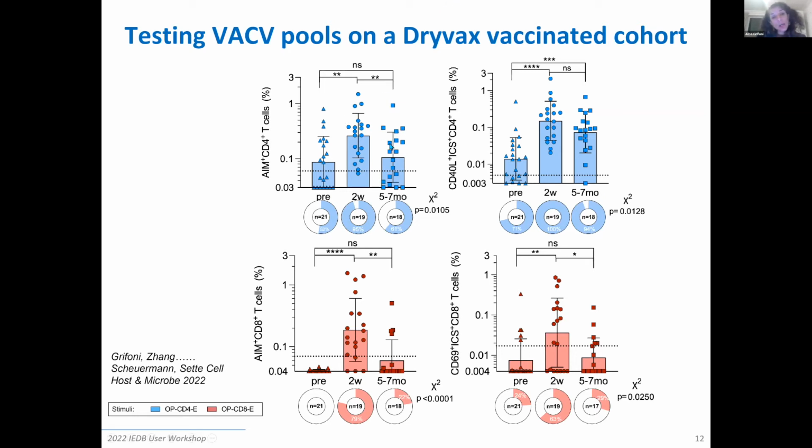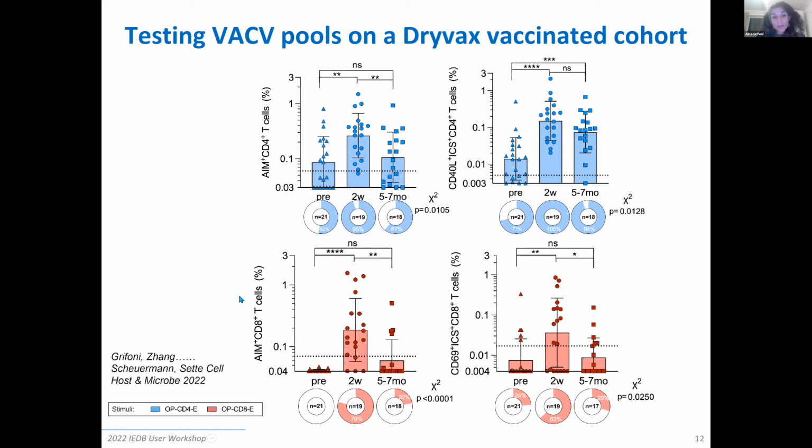And at 6 months post vaccination, you observe a significant decrease. However, you still have 60% of the response maintained, and in the context of cytokine production, that response is even more stable and actually goes to 94%.